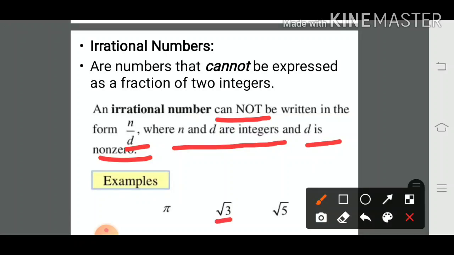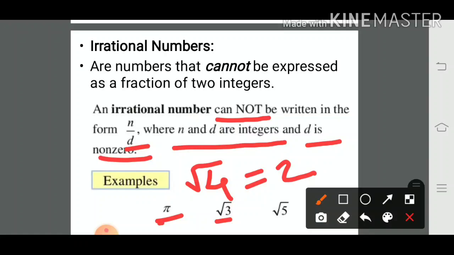Suppose root 3. We cannot write it as root 3 upon 1 because the value of root 3 comes as a decimal. Okay, so we can't write root 5 either. The value of pi, which is a constant, is again 3.14, so we can't write it. Correct. So these are some examples where the values are in root. Suppose instead of root 3 it becomes root 4, so it becomes 2.